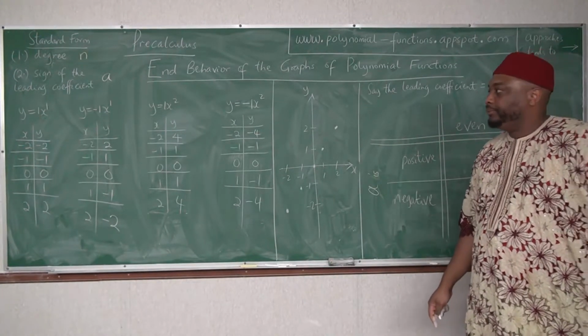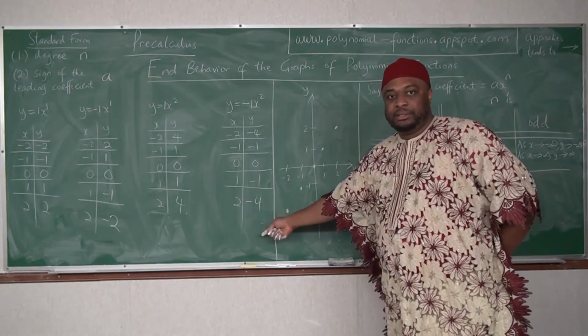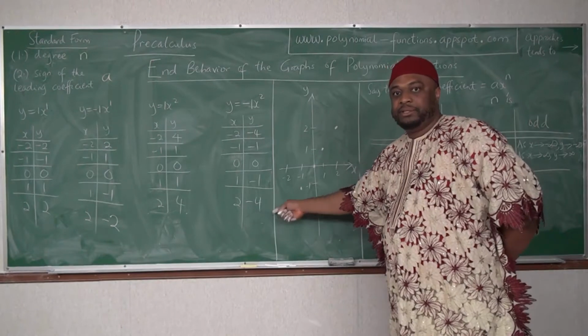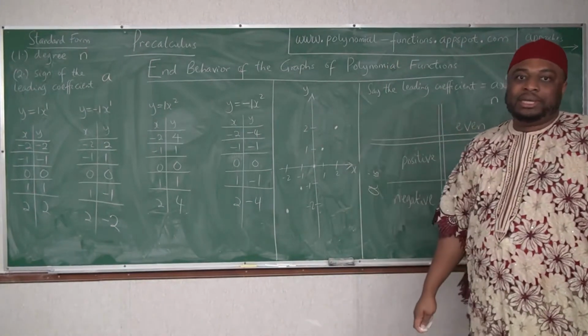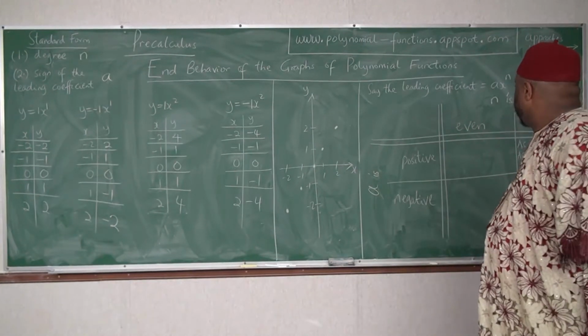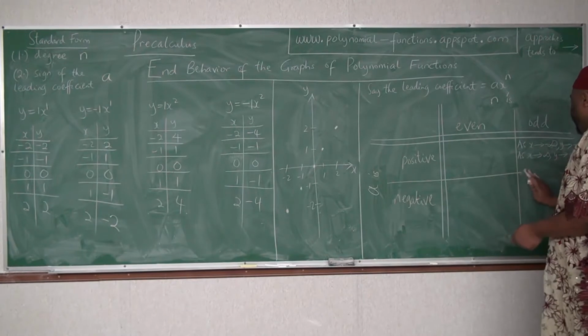So here, this is down on the left. Down on the left and up on the right. Down on the left and up on the right. So we write it here.